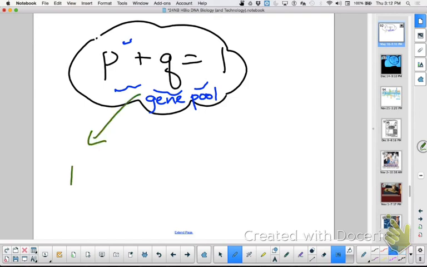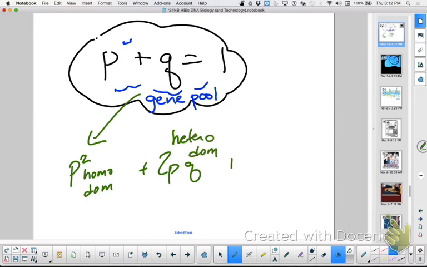P squared, which would be homozygous dominant. Which is heterozygous dominant. Yes. Good stuff. Boom. Doesn't it equal 1? Whoa. Yes, it does. There we go. They're going to be good though.